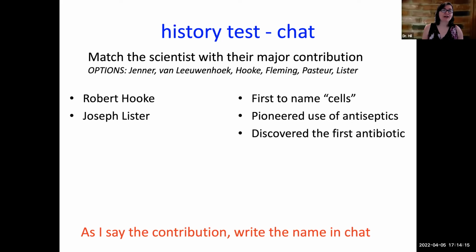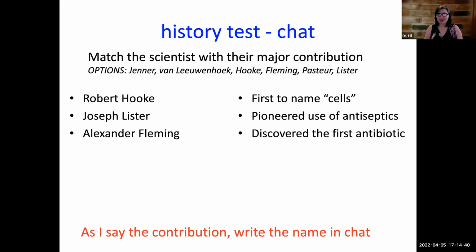Phenolics have been modified so they don't burn you, in case you're wondering if that mouthwash is about to kill you. Who discovered the first antibiotic according to our history and records? Who discovered the first antibiotic? That's right, Alexander Fleming, 1928.